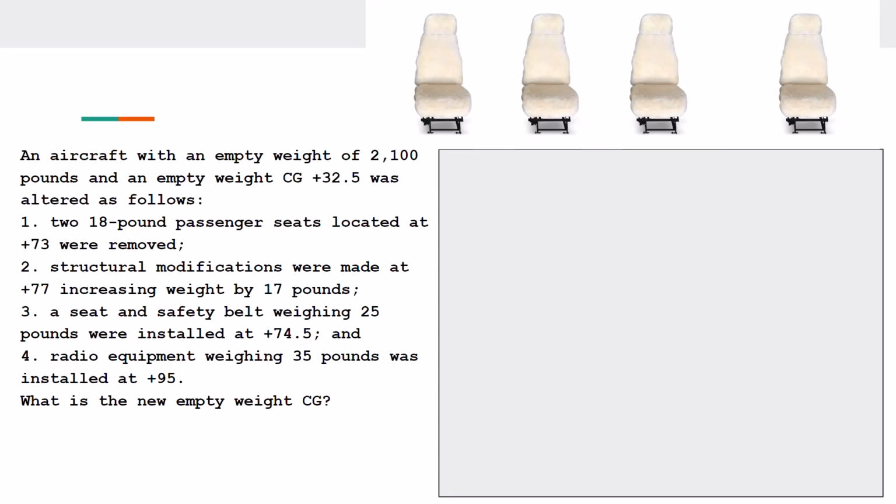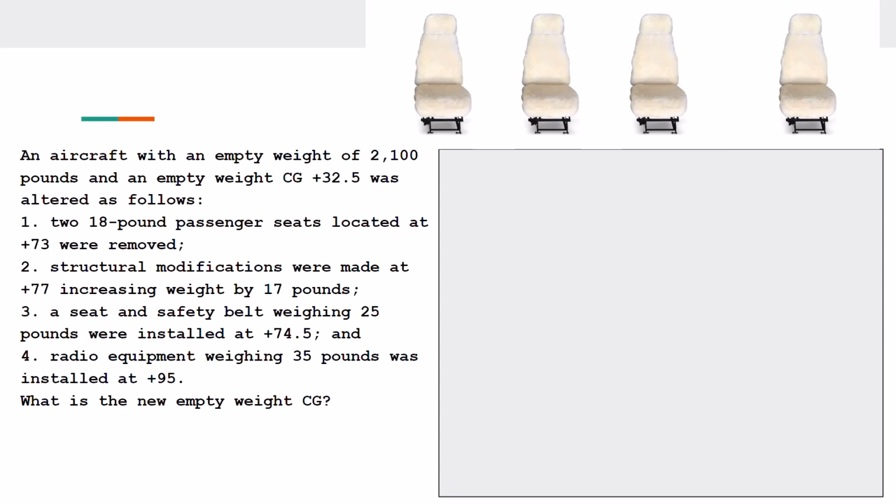Moving on to question number 5. An aircraft with an empty weight of 2,100 pounds and an empty weight CG of plus 32.5 was altered as follows. Two 18-pound passenger seats located at Station 73 were removed.